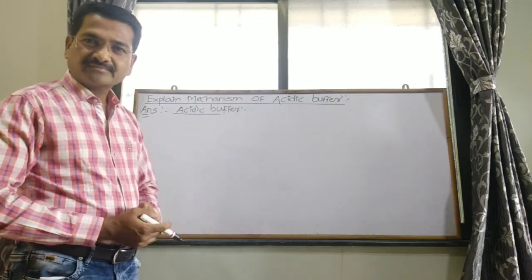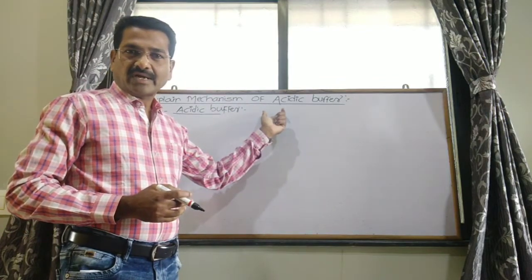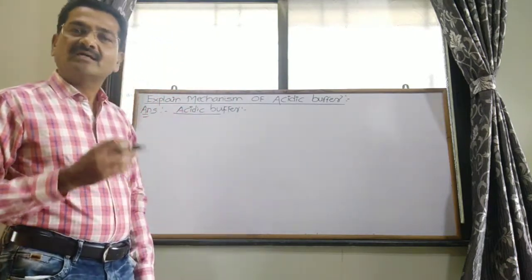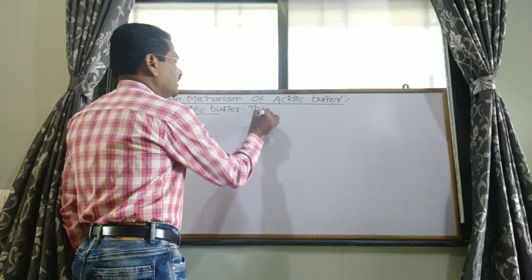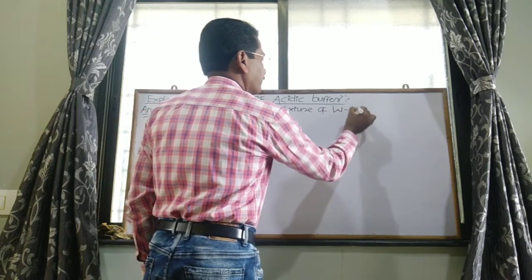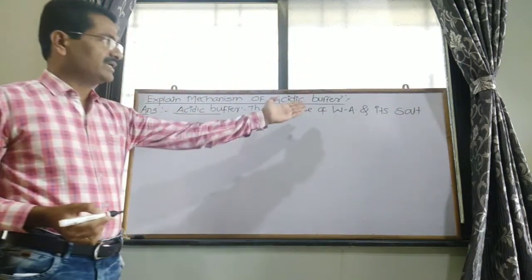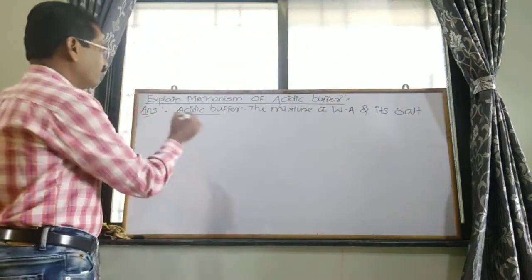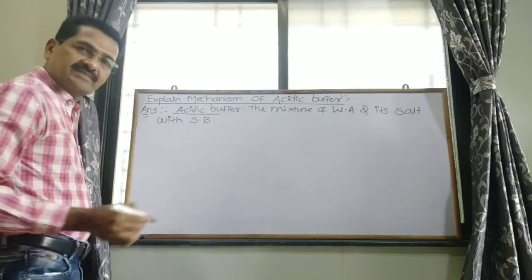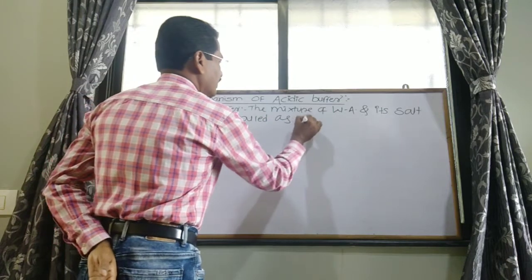The mixture of weak acid and its salt with strong base is called an acidic buffer.